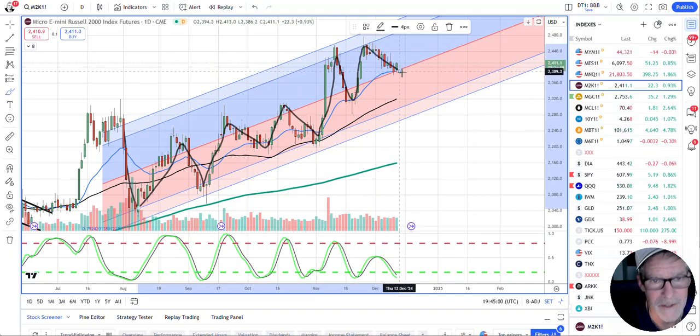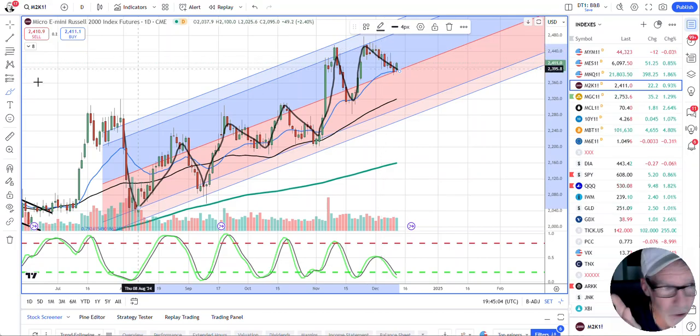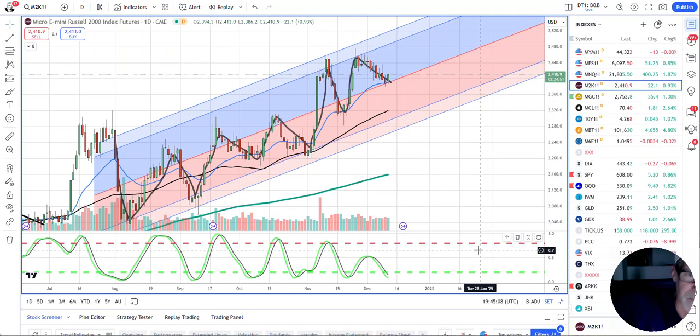So you don't want to buy up here at the top. I hope that if you've been with me long enough, you know that you don't buy up here at the blue zone. You try to buy down. There are exceptions to that, but for the most part, buy off of some support. The 21-day moving average is a good one. The midline of the LRC is a good one. The 50-period moving average is a good one. The pink zone of the LRC is a good place to buy support. So we can do that with the small caps.